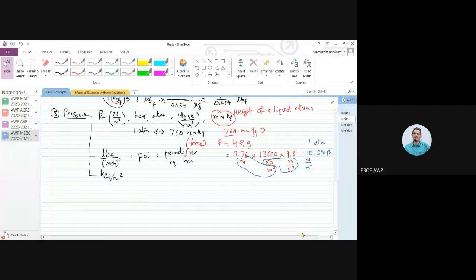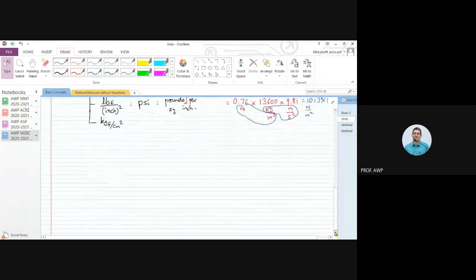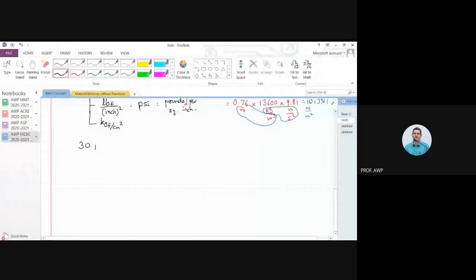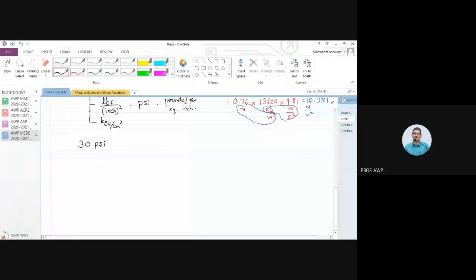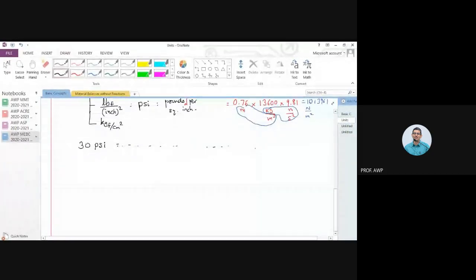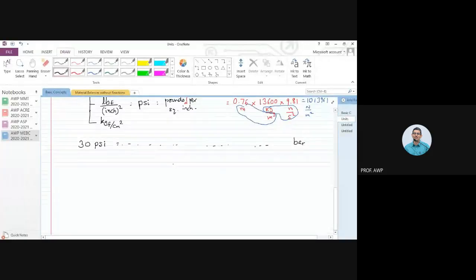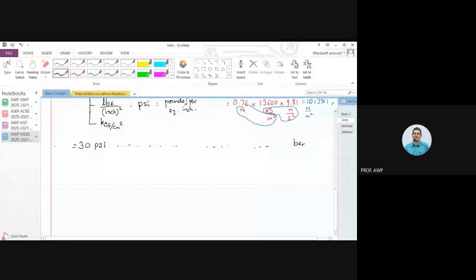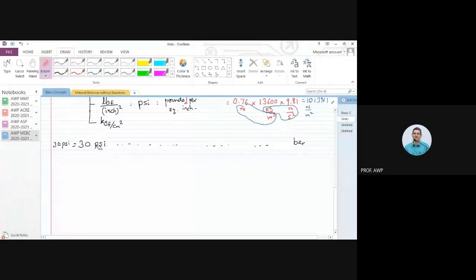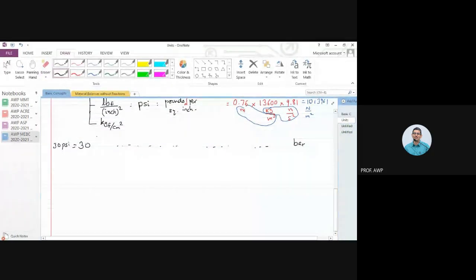So if, let's say, tires in a car are inflated to a pressure of 30 psi, pounds per square inch, can we convert this into, let's say, bar? Can you do this now? Convert 30 psi, which is same as 30 pound force per inch square.